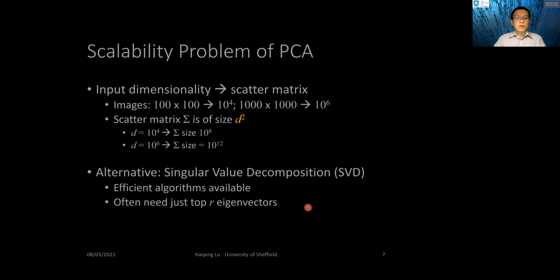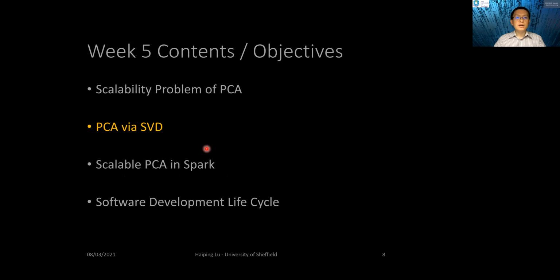And we often just need the top R eigenvectors, so we don't need to do a full decomposition, which can also lead to more efficient computing. So in the next section, we will look at how to do PCA using SVD.